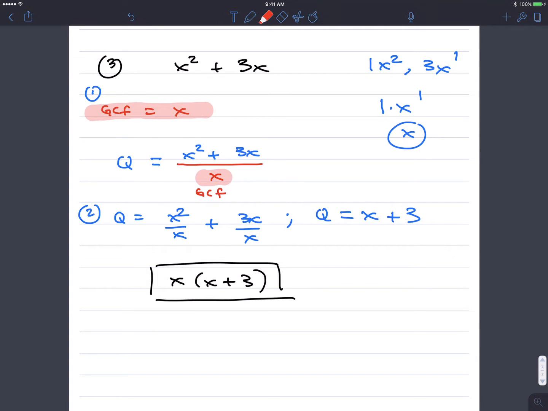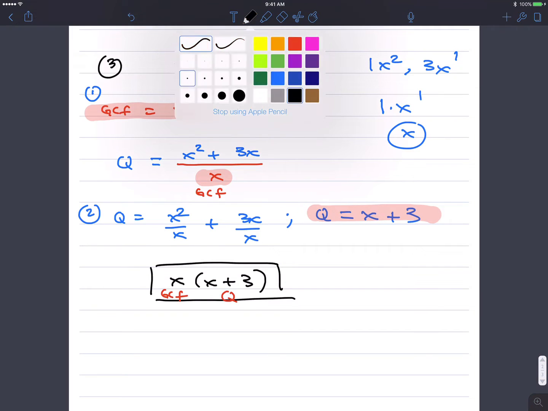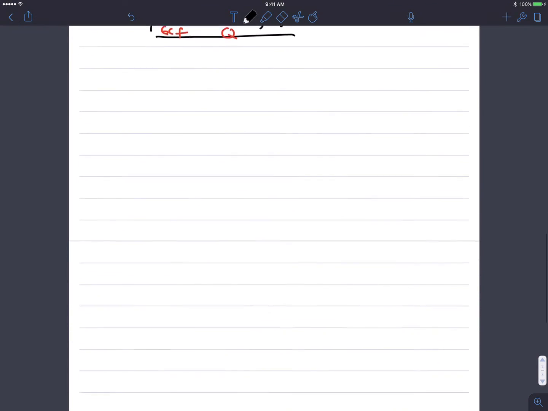Divided that problem by the GCF, and I got the quotient here to be x plus 3. These are the two terms I use as my final answer. Okay, you guys okay with that one? Remember, GCF, quotient. Okay, we have to repeat this process now for all those other questions.